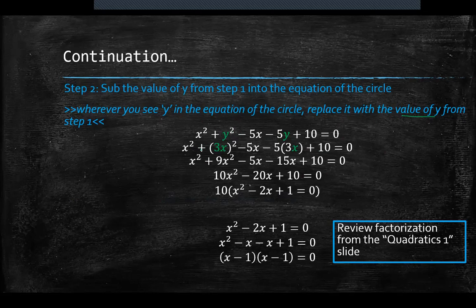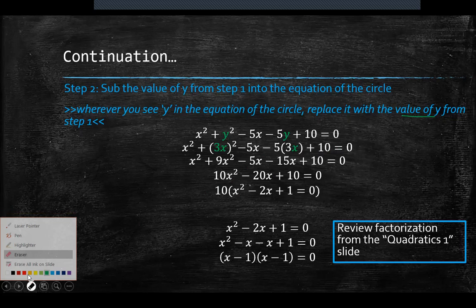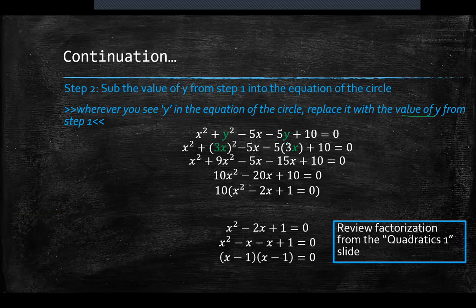So x squared plus, I see y here, so instead of putting y, I would put 3x squared, minus 5x, minus 5, I see a y here, so I'll replace it with 3x. This should be green too. So 3x, plus 10 is equal to 0.